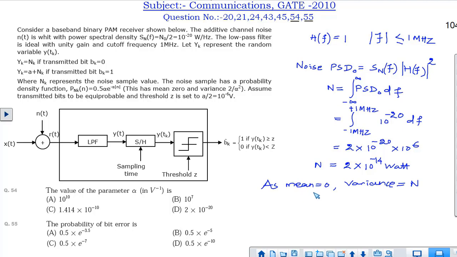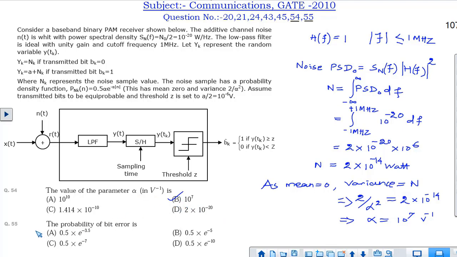If we equate this variance with the noise power, then we get the value of alpha to be 10 to the power 7 volt inverse. So in question number 54, option B gives the right value of alpha. Hence option B is correct for question number 54.